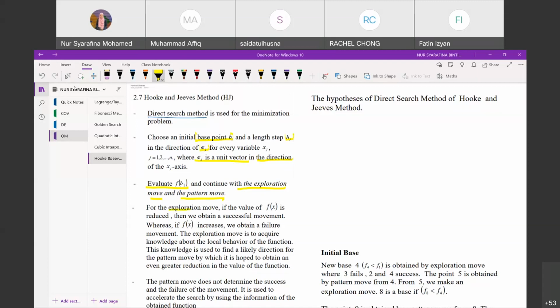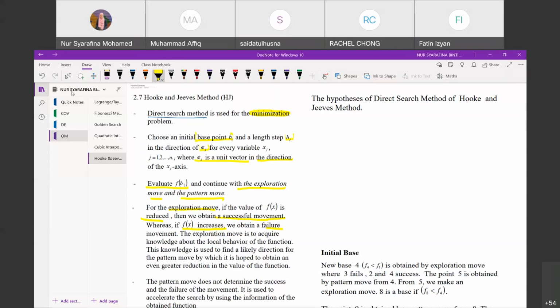For the exploration move, if the value of fx is reduced, remember we're focusing on minimization, then we obtain a successful movement. Because we focus on minimization, if the value is reduced, it is considered a success movement. Not a success in extremizing, but just a success movement. Whereas if fx is increased, meaning no minimization occurred, then we obtain a failure.